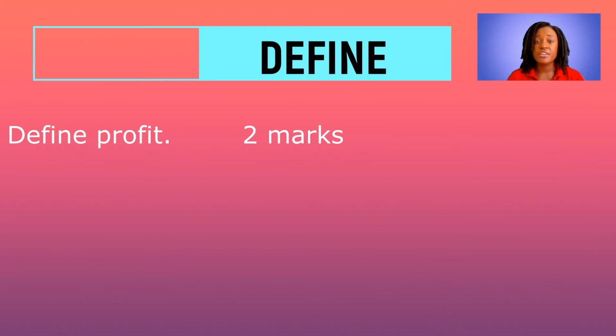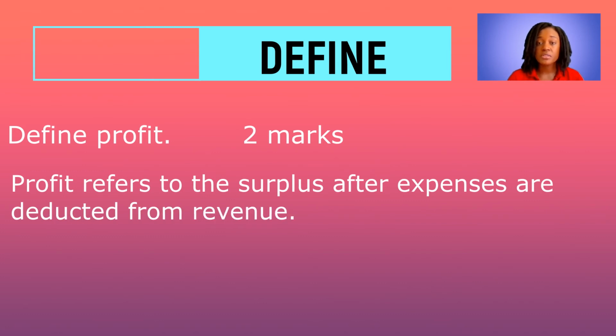And so you have to think of it that way. So one way that you could answer this question is saying profit refers to the surplus after expenses are deducted from the revenue. Now, does that sound like a 2 marks definition? Let's look at it. Where would we possibly get 1 mark? We said profit refers to the surplus. That's kind of like a thought, isn't it? So you get a 1 mark there.